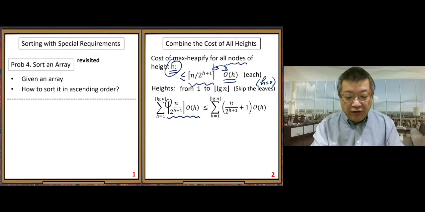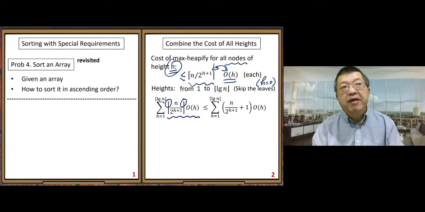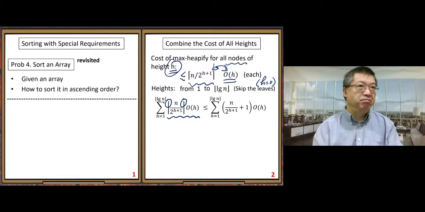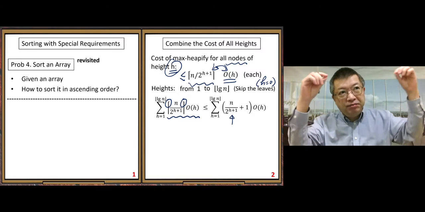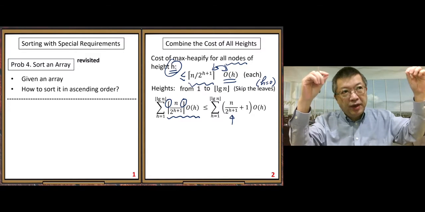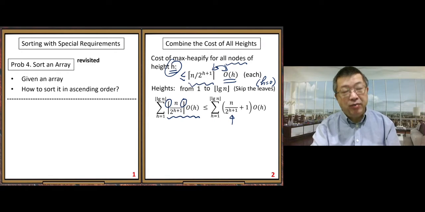Because this ceiling function is not very convenient to use, we want to remove the ceiling function. We know the ceiling function is less than or equal to the part inside the ceiling brackets plus 1.